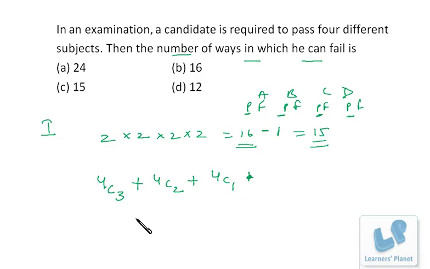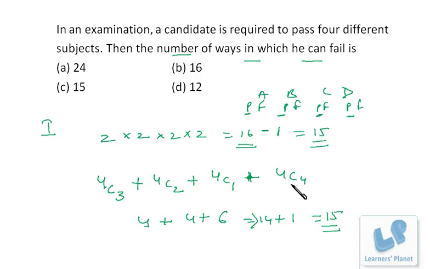So 4C3 is the same as 4C1, which is 4, plus this 4. Then 4C2 is 4 into 3, that is 12, by 2, 6. So that is 6 plus 4, 10, plus 4, 14. And one way is that he fails in all the 4 subjects, so it's 4C4, plus 1, that is 15.